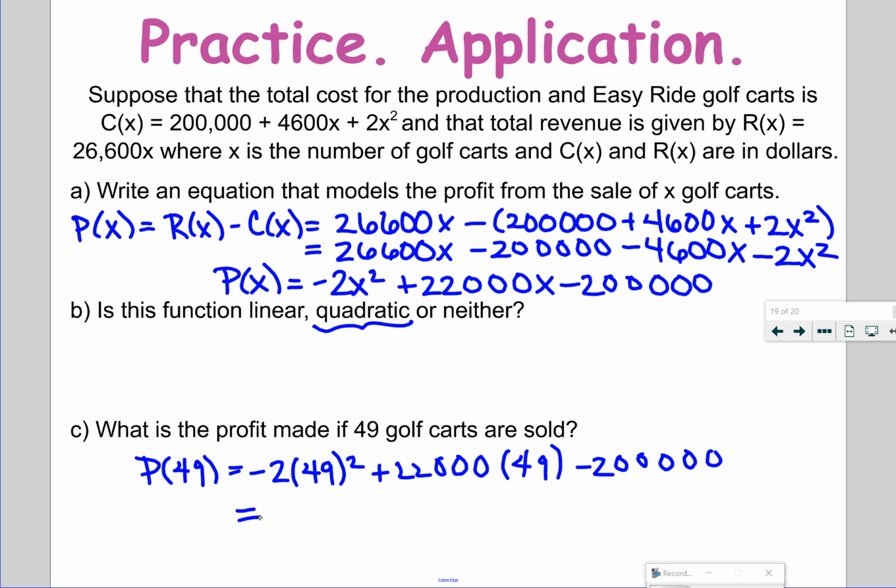And I get a grand total of 873,198 is the total profit. If you wanted to find out what profit that is per golf cart, I know it didn't ask for that here, but you could divide it by 49 and you would get approximately $18,000 per golf cart. Again, some pretty fancy golf carts.